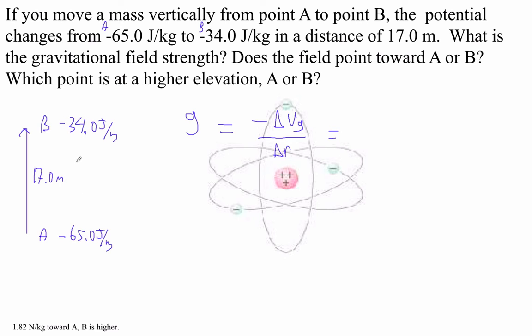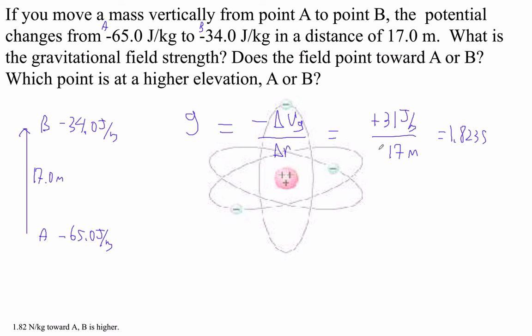So 65 minus 34 is 31. It gets positive by 31 joules per kilogram, divided by the distance, 17 meters. That comes out even to 1.8235.